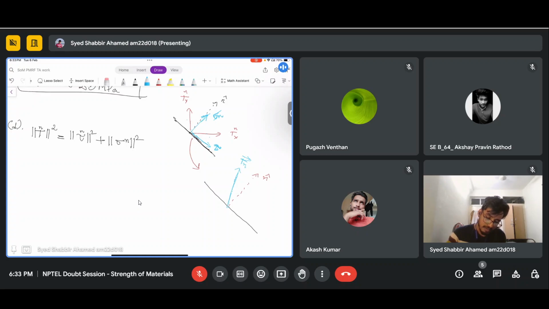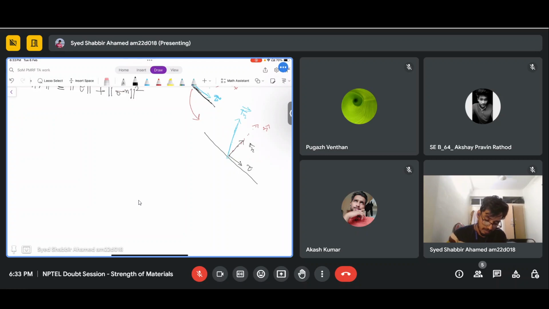And from this, we have to break it down into normal stress and shear stress. So it looks like this.